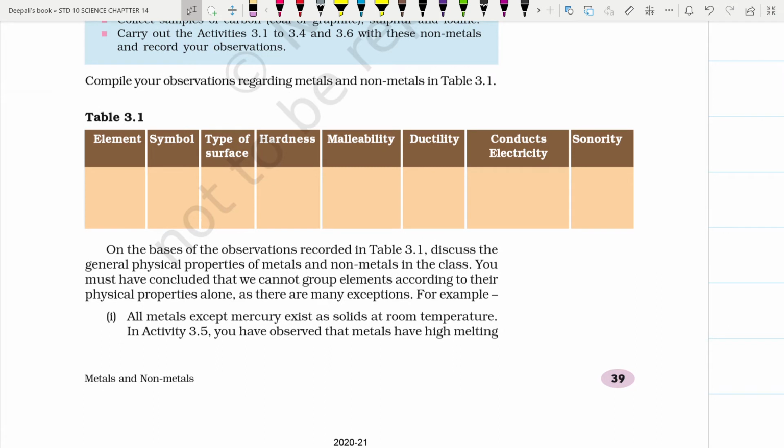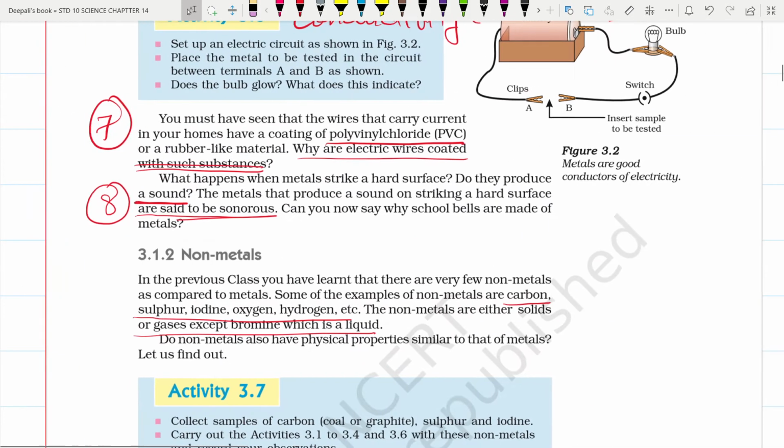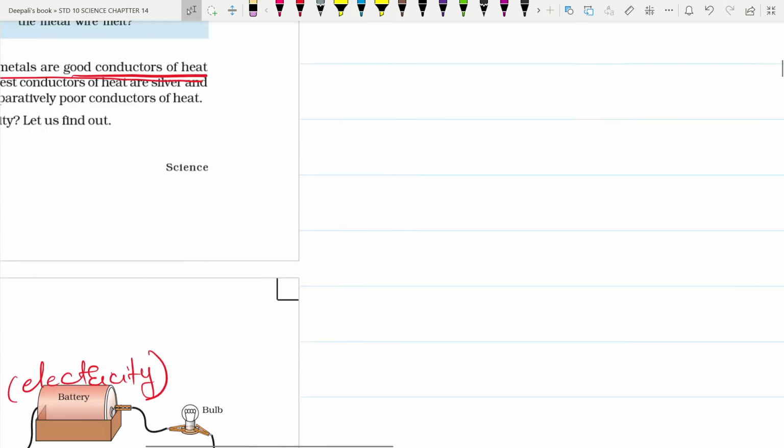So on the basis of the above observation, discuss the physical properties of metals and non-metals. You can conclude that we cannot group elements according to their physical properties alone. There are many exceptions. So first let us see the properties and revise them for metals and then non-metals.